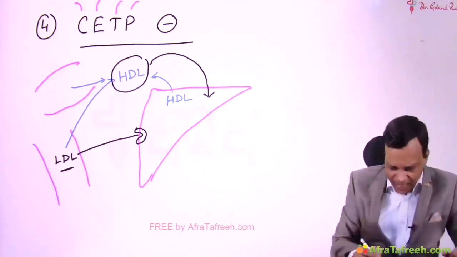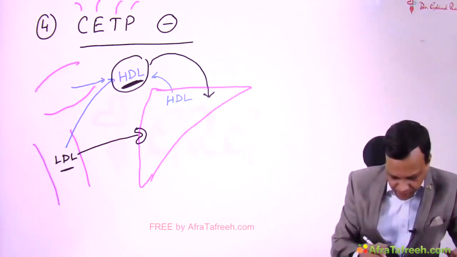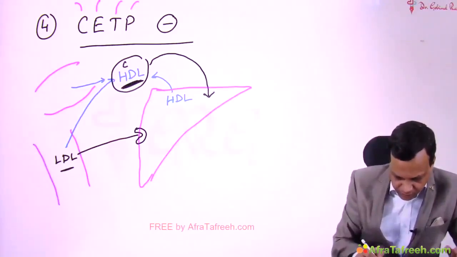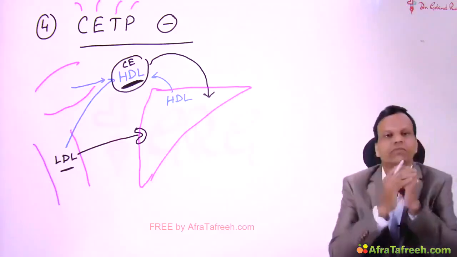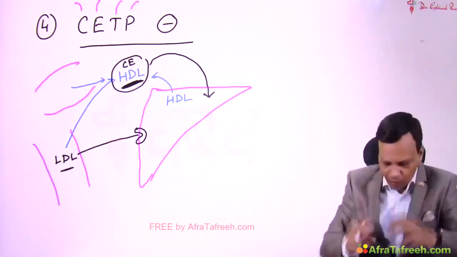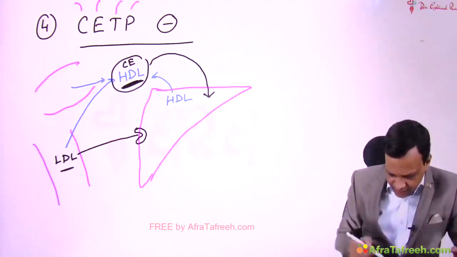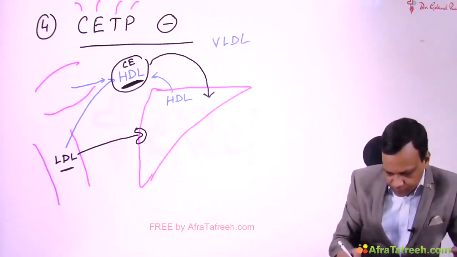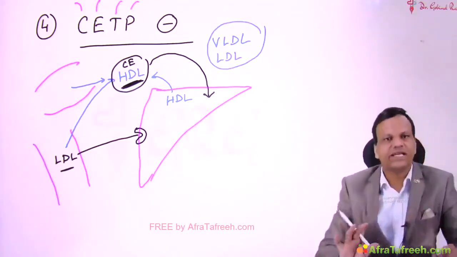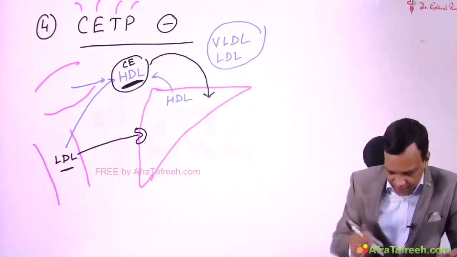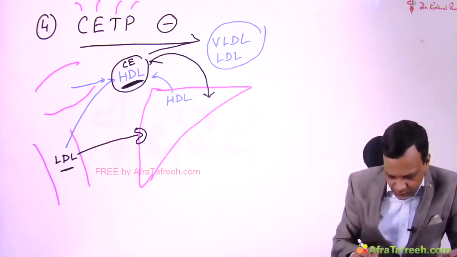Now what happens when HDL has taken up the cholesterol from the peripheral tissues? In between, it will meet VLDL, LDL, etc., and these VLDL and LDL say, let's do an exchange program.